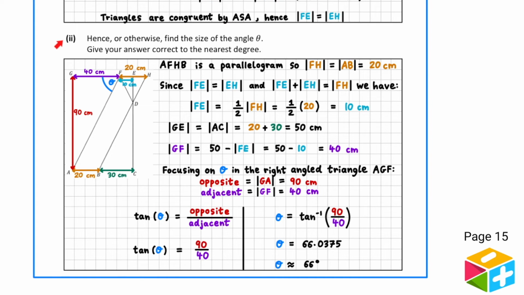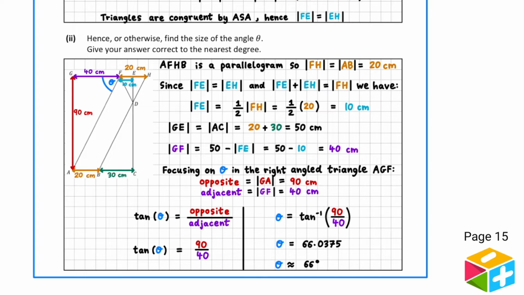In part 2, we must find the size of the angle theta. To help us here, I've copied out the measurements from diagram A. We were told that GA was 90 centimetres, AB was 20 centimetres, and BC was 30 centimetres.